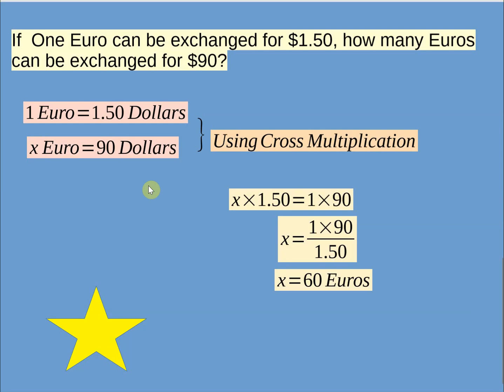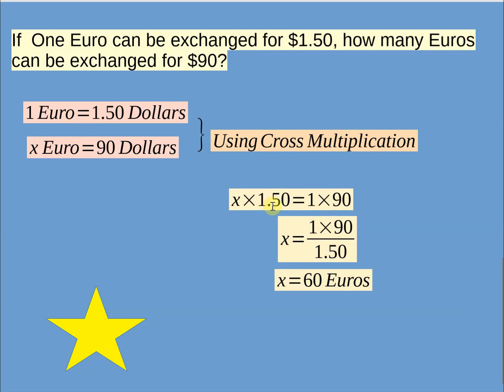So we use cross multiplication. We cross multiply. So you have x times 1.50 is equal to 1 times 90.